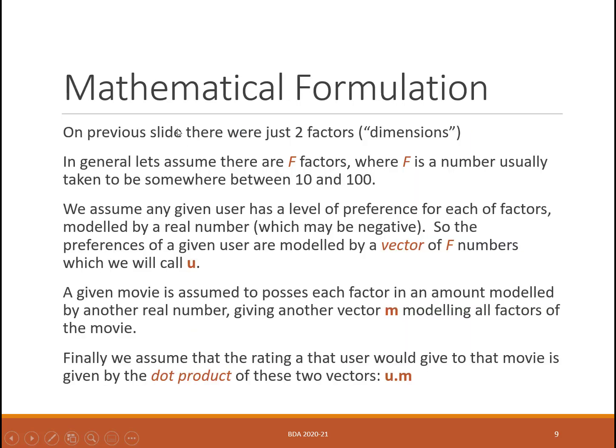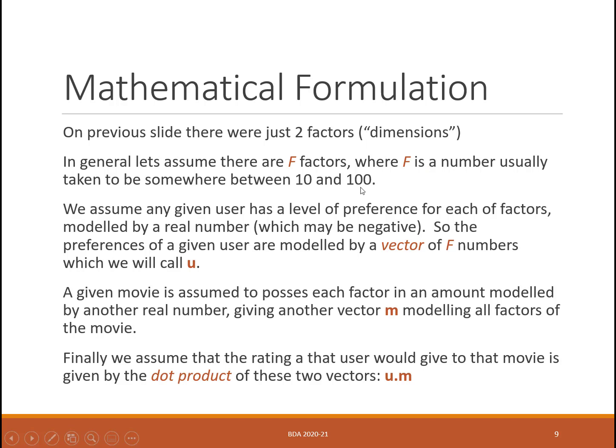In the previous slide, I explained the latent factor method by an example including two factors or dimensions. Let's consider a more general case with f factors, where f is usually an integer number between 10 and 100.